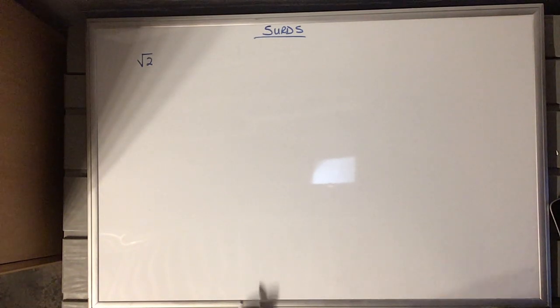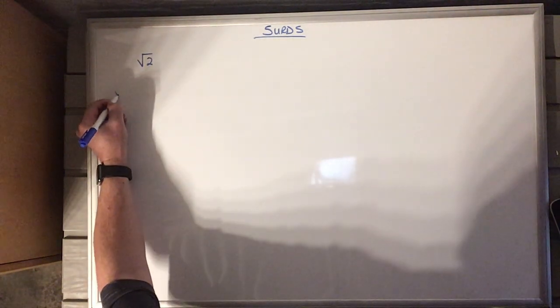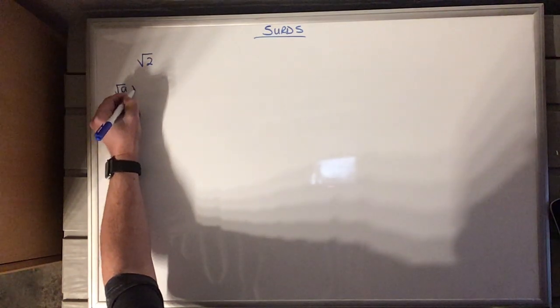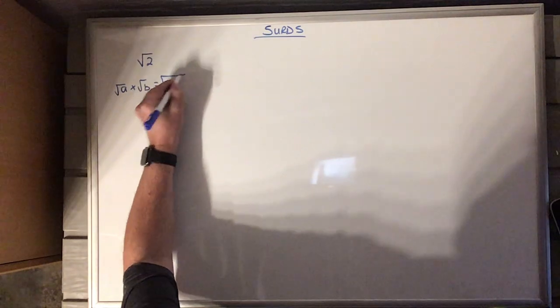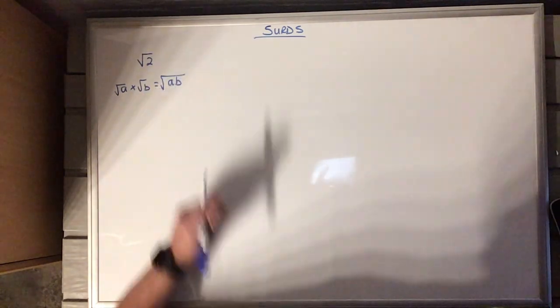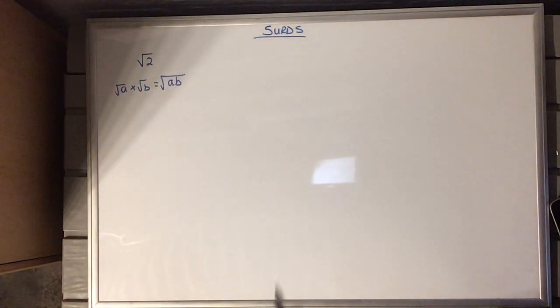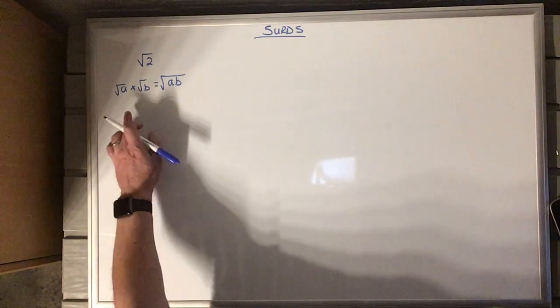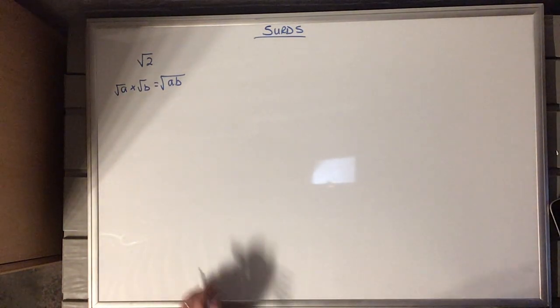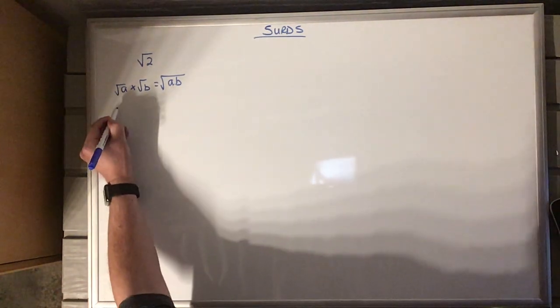Well, there's a few wee rules. Root A times root B is equal to the square root of AB. Use that an awful lot at National 5 when we're simplifying, and we have to be able to work both ways round. Okay, and from that there's a special case.